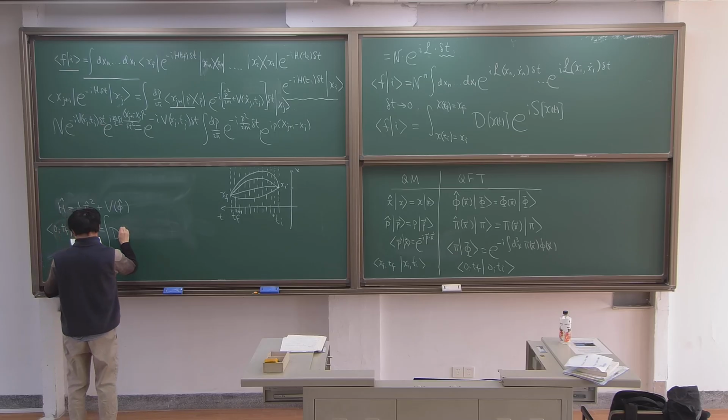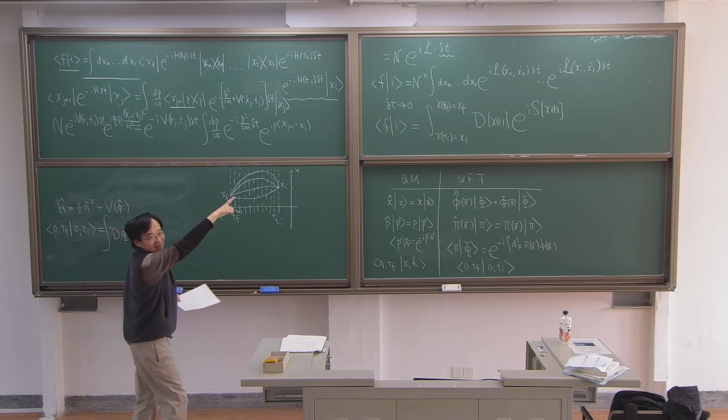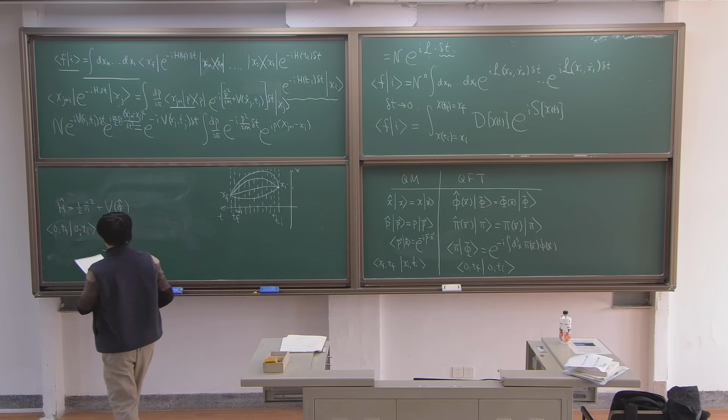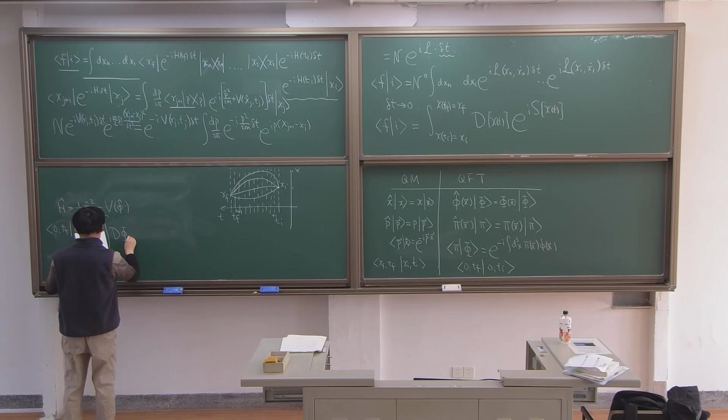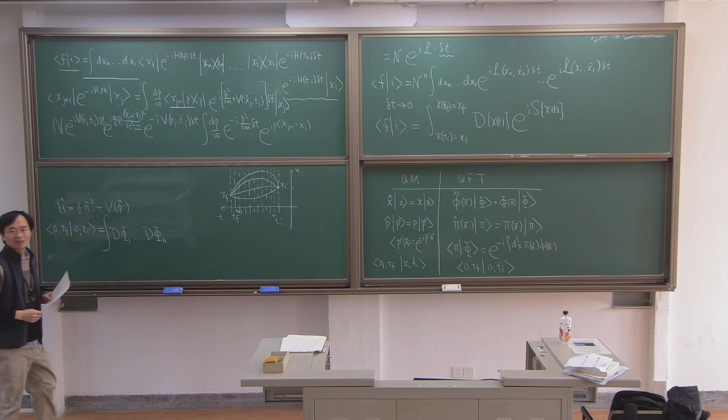So what I get, instead of this dx1 ... dxn, will be d phi 1 ... d pi n.